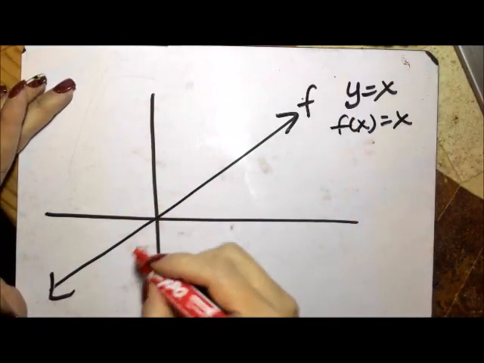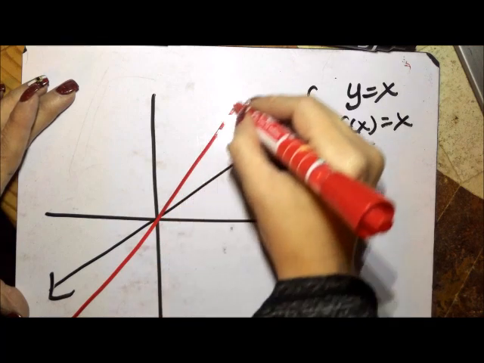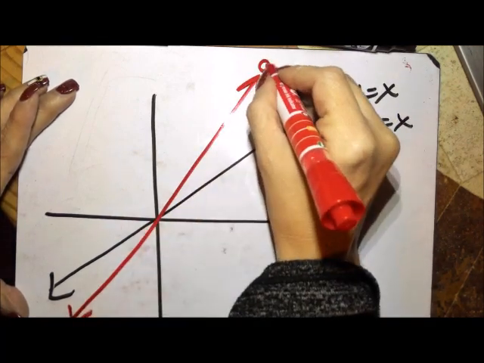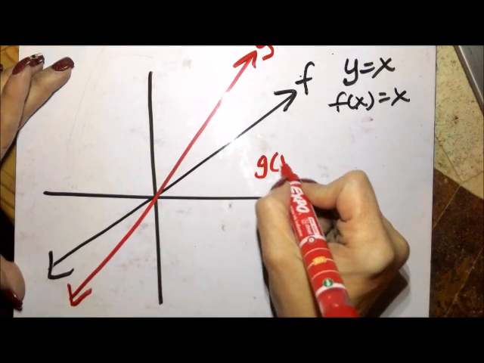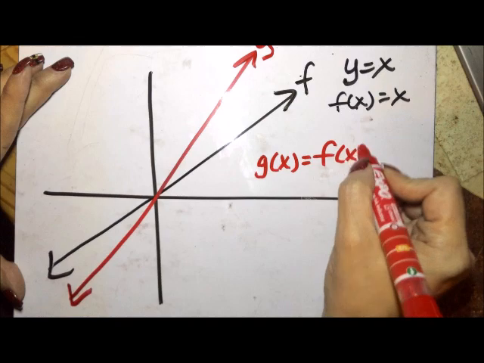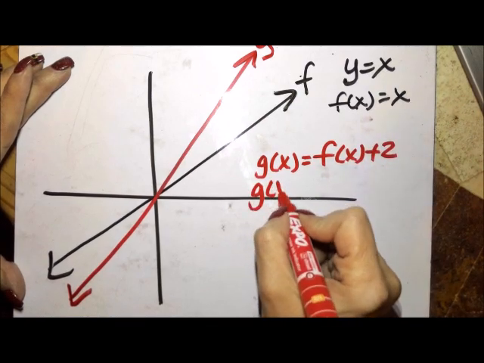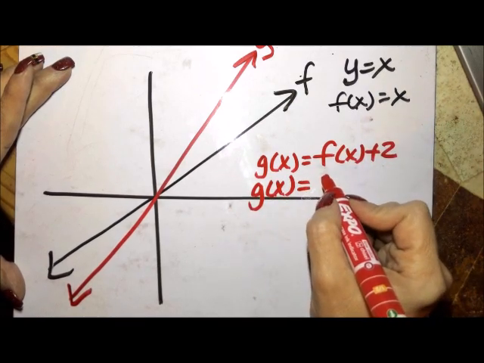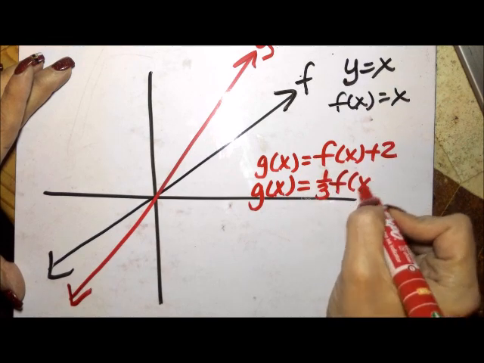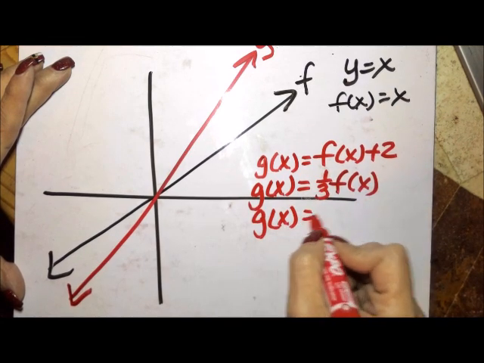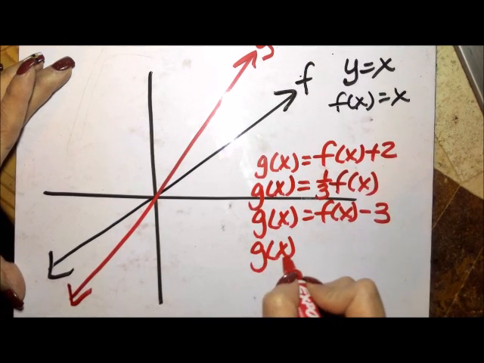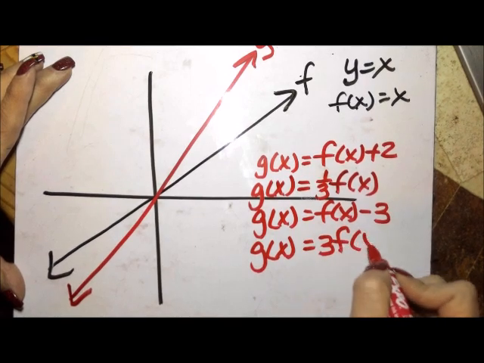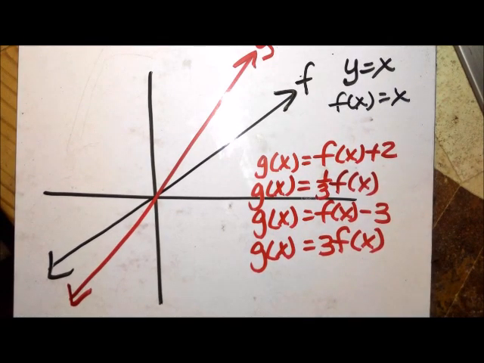If I call this g of x, and I said, which equation represents g of x? g of x equals f of x plus 2, g of x equals 1/3 f of x, g of x equals f of x minus 3, or g of x equals 3 times f of x. Okay, when you look at this, you're like, what?